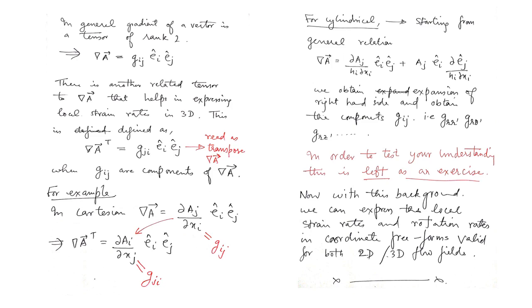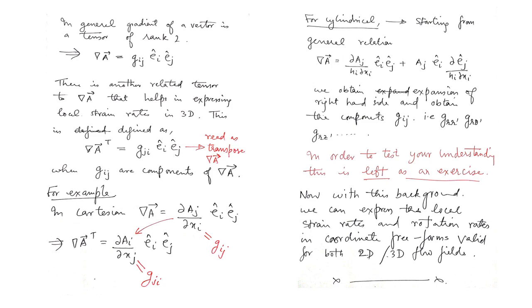Remember, when we derived the local strain rate and rotation rate from first principles, we had to take help of some Cartesian coordinate system, and to keep the matter simple we also did it in 2D, because we needed some physical conception of these local strain rates using material line kinematics. Using that, we developed the basic ideas of rotation and strain.